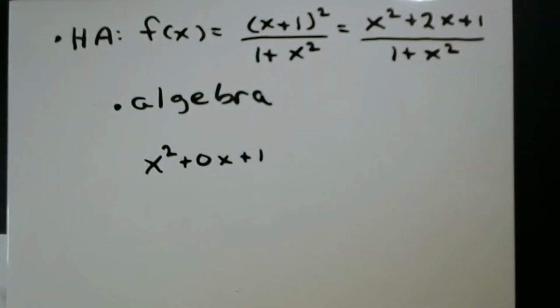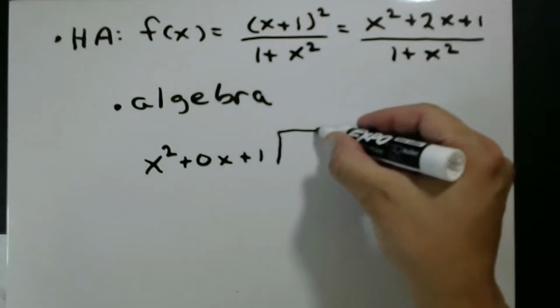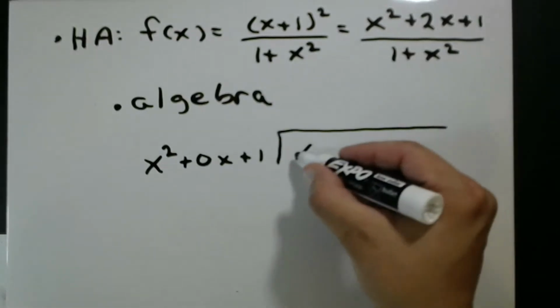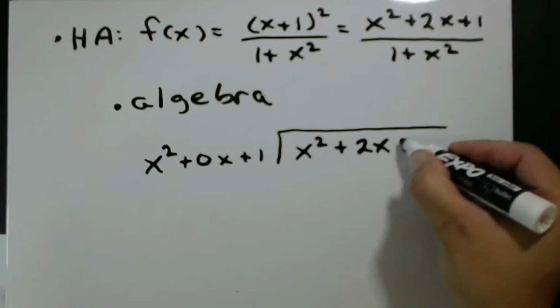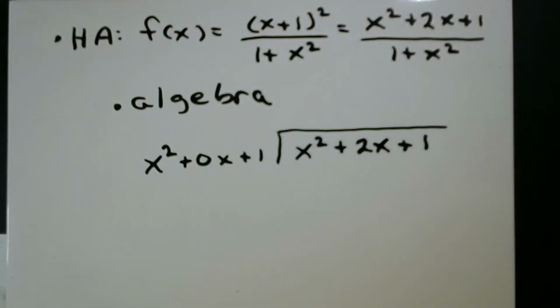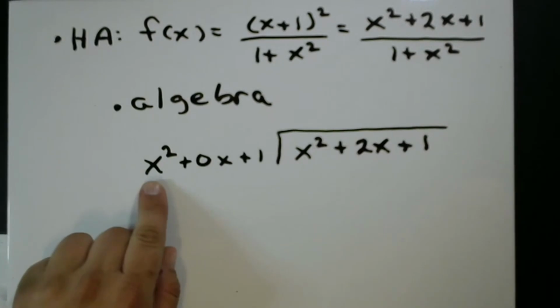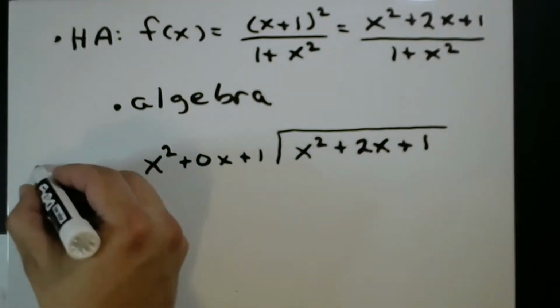So you have a 0x term. And then we divide it into x squared plus 2x plus 1. So this is sort of a blast from the past, as they say. So do polynomial division. We divide this into the first term.